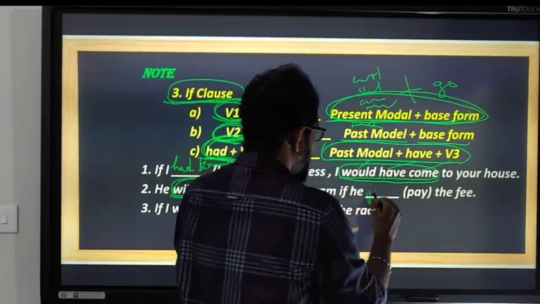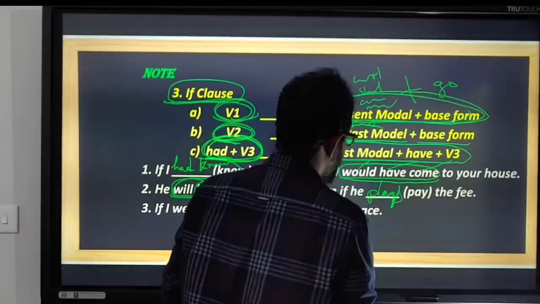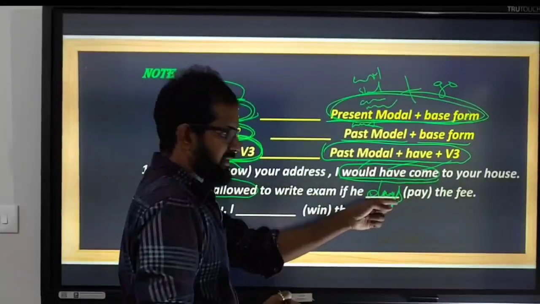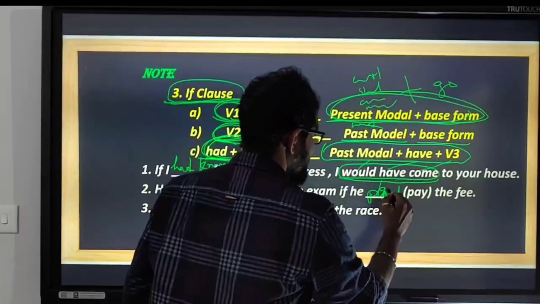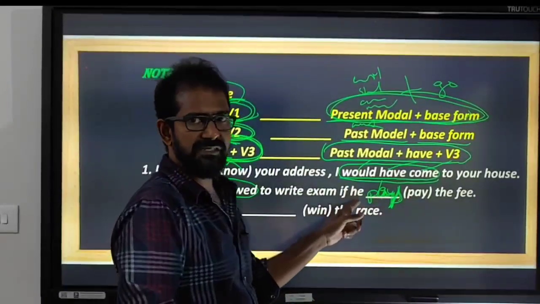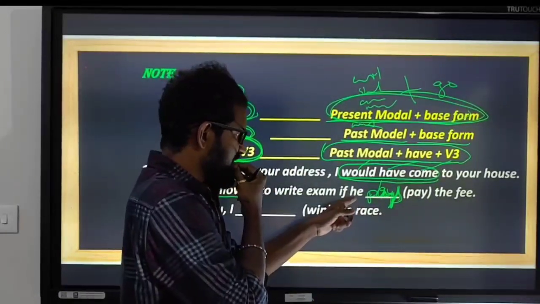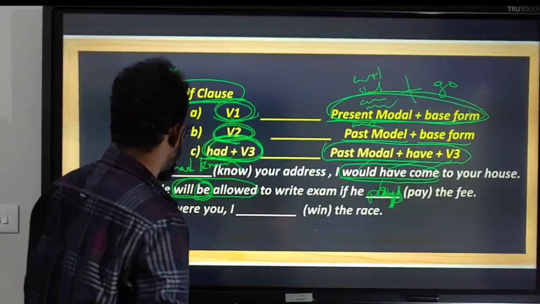If he pays. We use pays, so we add S to the verb here. The reason is, if he pays, third person singular. If the subject is third person singular and the verb is in V1, then we need to add S or ES.